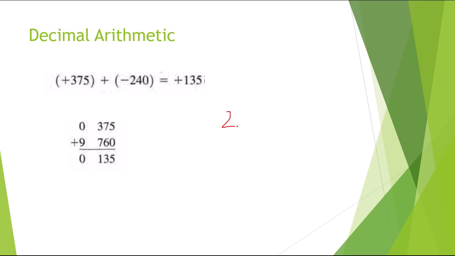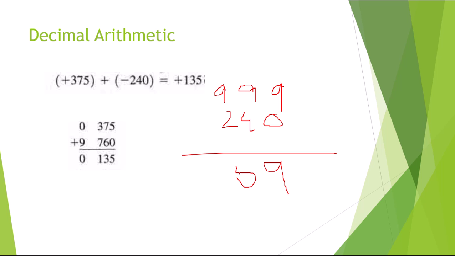The 9's complement of 240 is that if we have 240 here, we'll subtract this 240 from 999, and in this case we'll have 9, 5 and 7, and then we'll add a 1, because we are doing 10's complement, so 0 1 6 7.